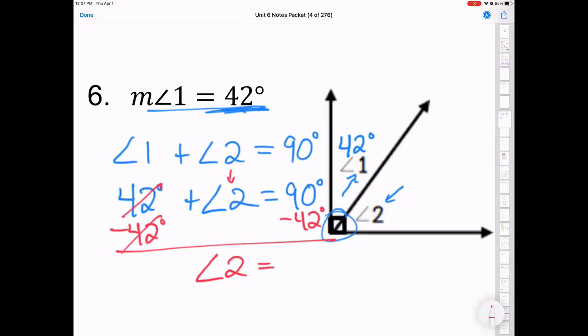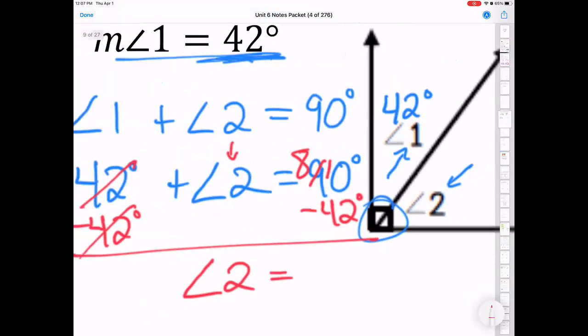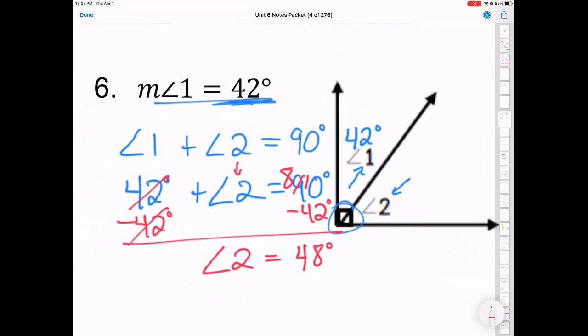And then 90 minus 42. We're at the borrow. 10 minus the 2 now comes out to be 8. And now our 8 minus 4 is 4. So our angle 2 measure came out to be 48 degrees. So 48 degrees.